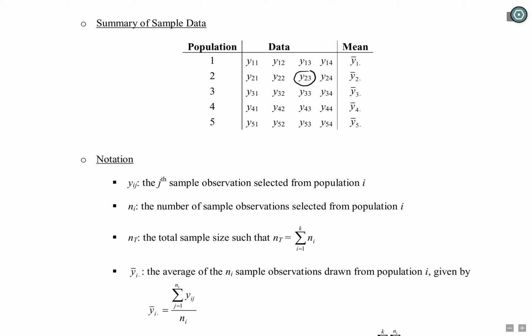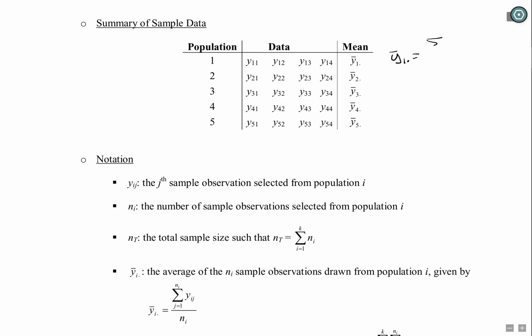Now we can, for each of these rows of data, for these individual samples, we can compute a mean. And so it would be a sample mean. And so Y1 dot bar, that's the notation we use here. Let me define it for you.